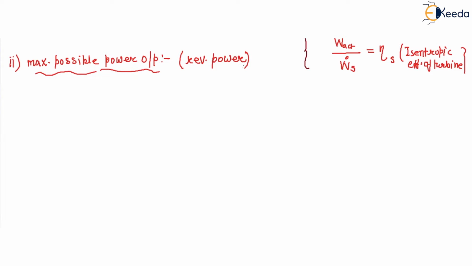The maximum power output is the reversible power for an output device and the minimum possible power input for an input device, that means compressor, pump, and this is for the turbine.